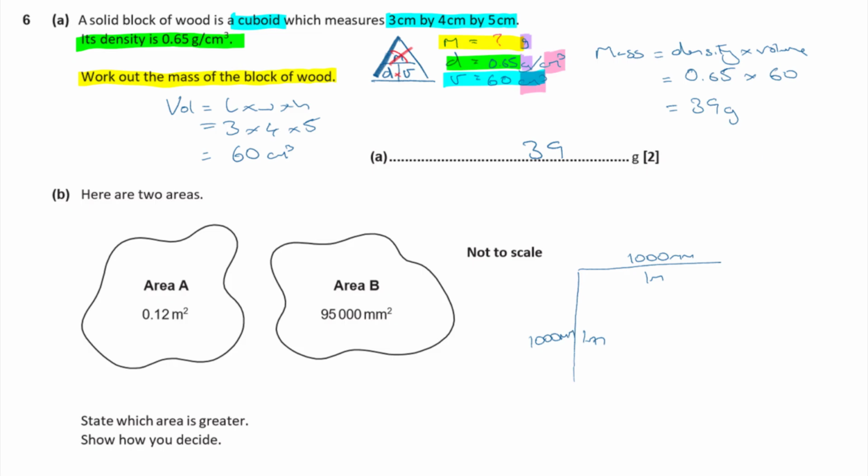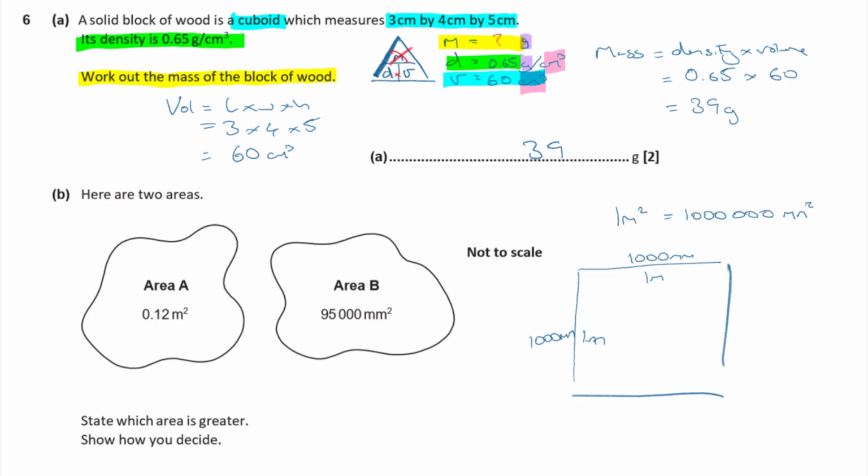So 1 square meter, 1 meter by 1 meter, is 1,000 millimeters by 1,000 millimeters. In other words, 1 meter squared is worth 1,000 times 1,000, or 1 followed by 6 zeros. It's 1,000,000 square millimeters.